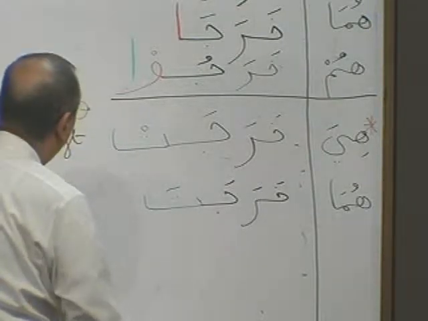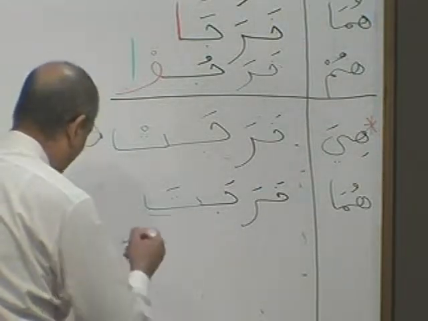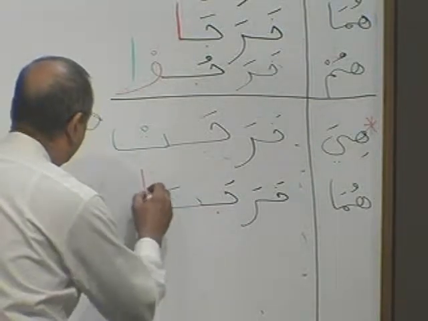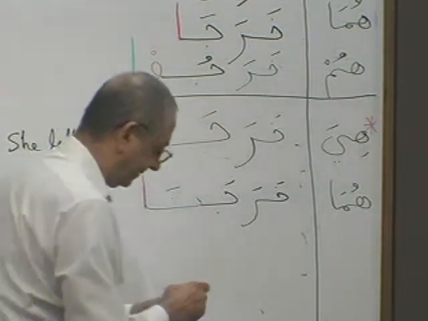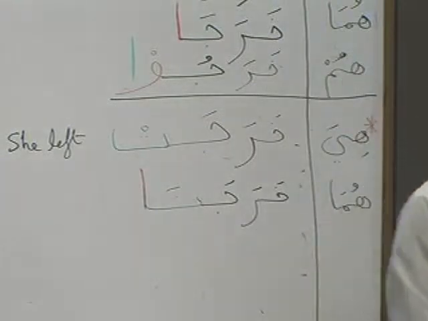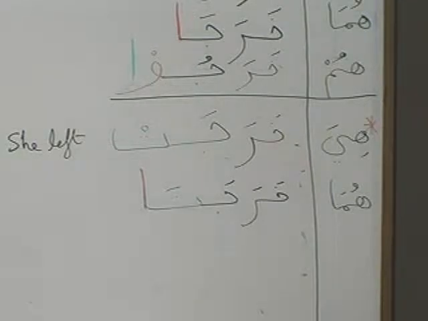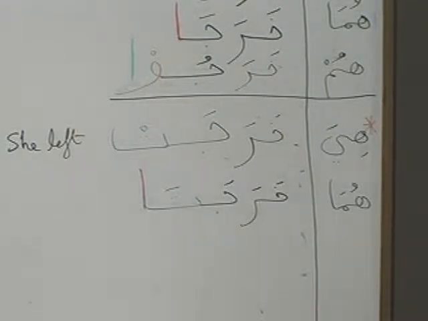And then I will put alif. Are you with me, brothers and sisters? I'll put alif. Where is the fa'il? Alif. Because I'm writing it in red. I'm deliberately writing in red. Okay? The fa'il is alif.